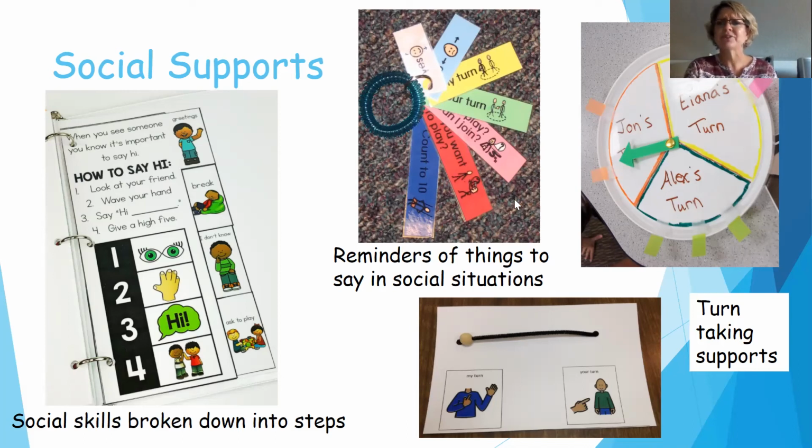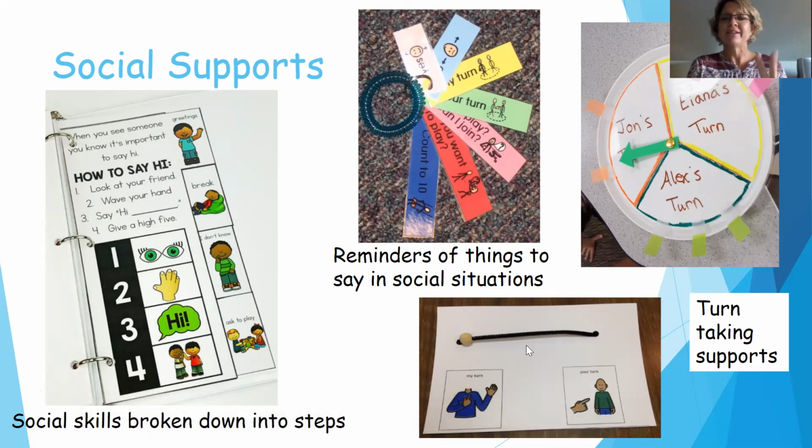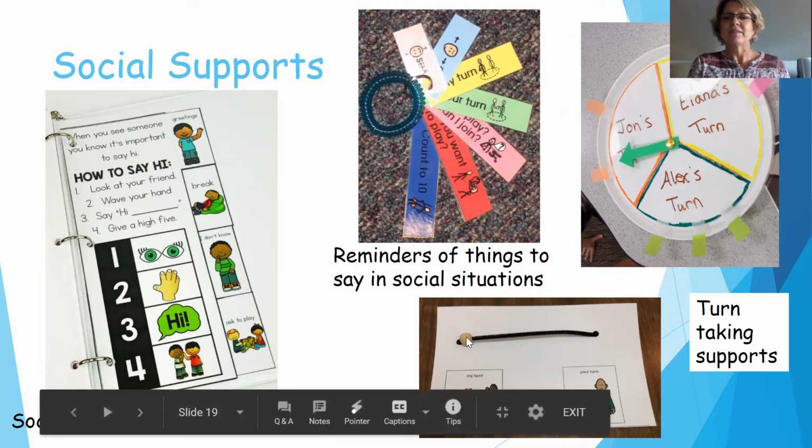We also use visual supports for some of the turn taking. So this one, the arrow turns towards whose turn it is. And then once they've had a turn, they put a little sticky flag there so they can keep track of whose turn is next, and it goes around. This one is simple for 2 players or 2 children interacting with the same thing.